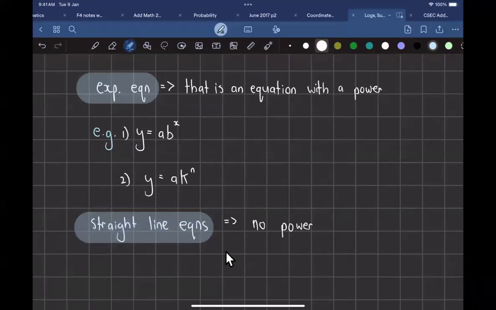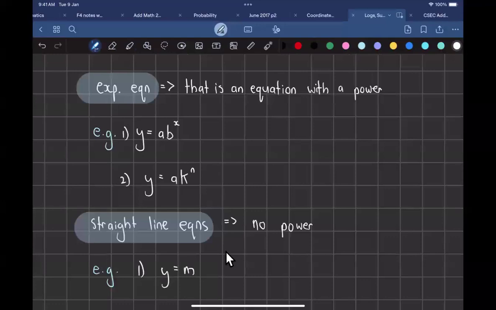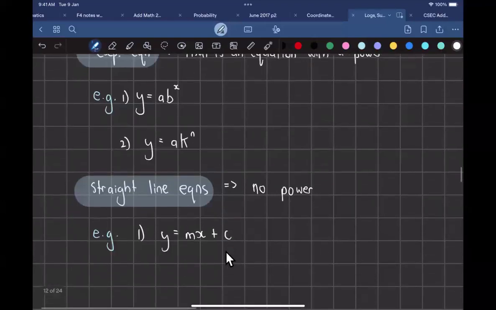Well, the most obvious example would be y equals mx plus c. Give me another example, but with values, a value for the gradient and a value for the y-intercept. Alright, so y is equal to 6x plus 5.